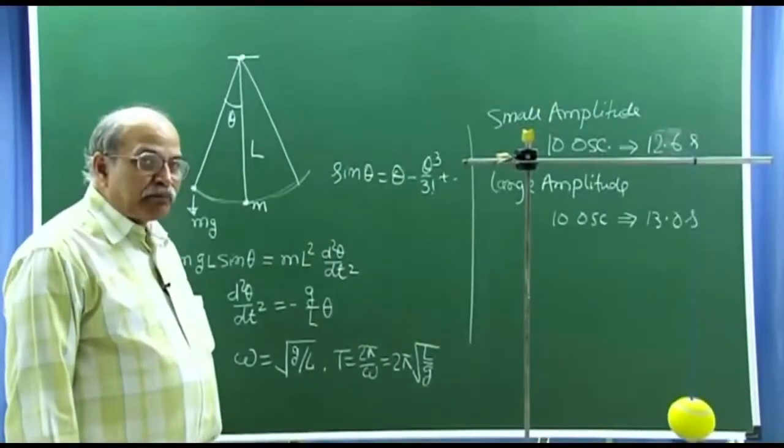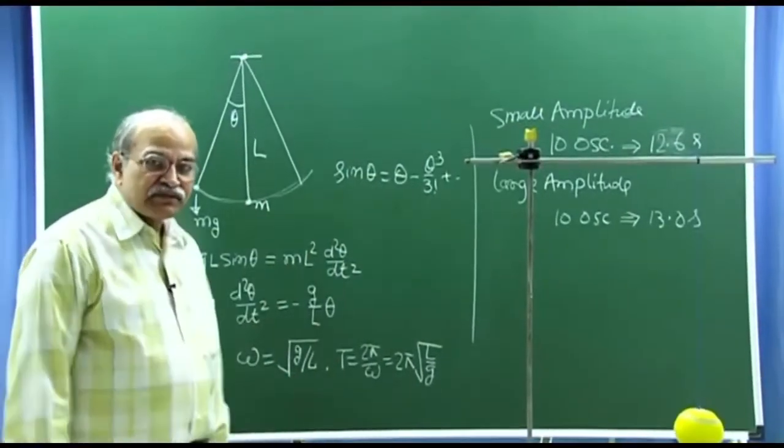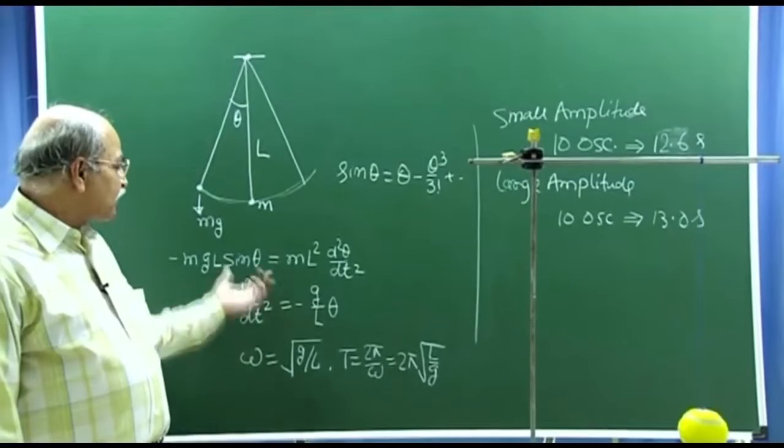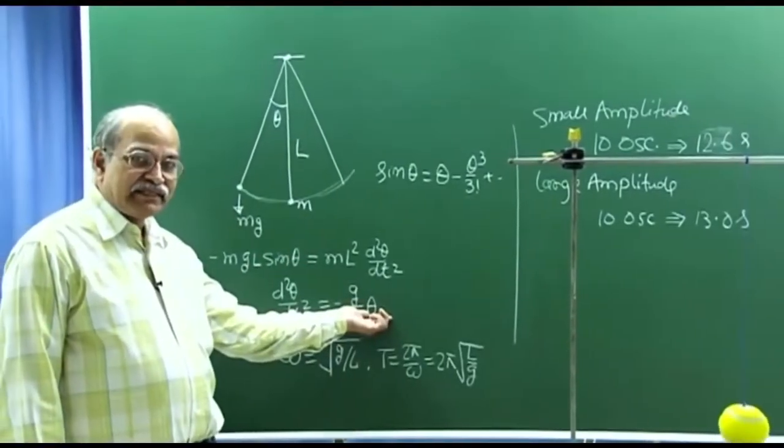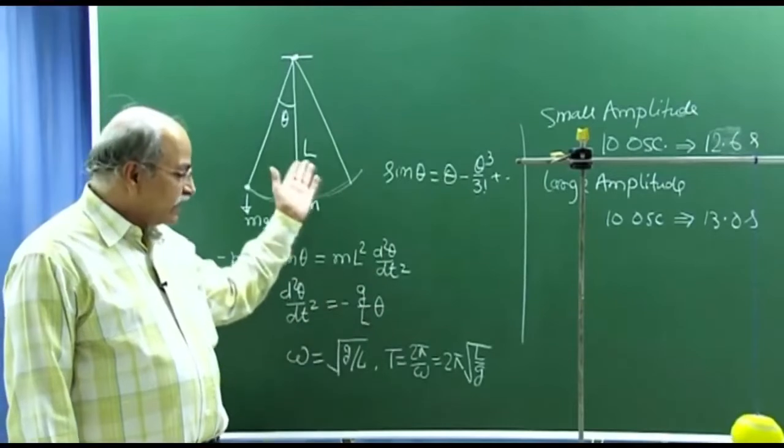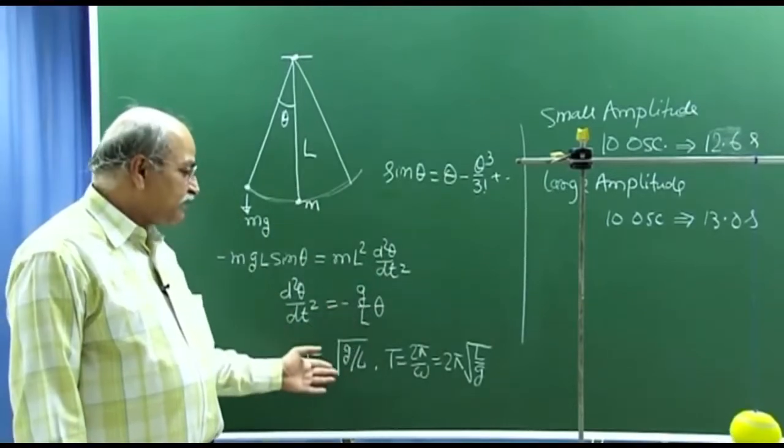So, if you do a proper mathematical analysis without making the approximation that sin theta is the same as theta, you can get a better expression for the time period.